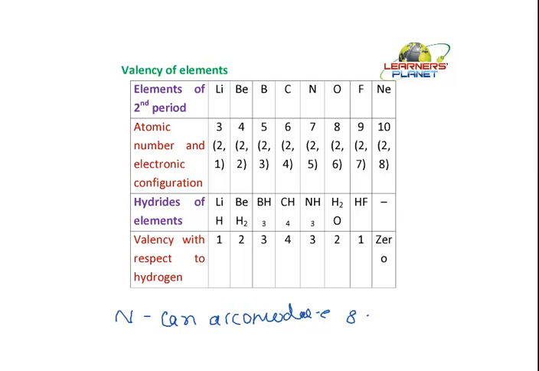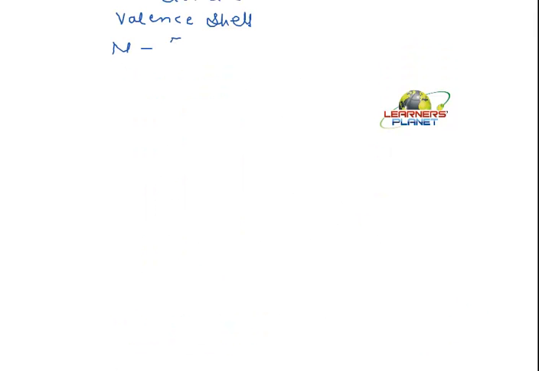Then it will attain its noble gas configuration. But nitrogen actually has how many electrons in its valence shell? 5. So what will it do? Can it lose 5 electrons? No, it cannot. So what it does is that it gains 3 electrons. So its valency becomes 8 minus 5, that is equal to 3.